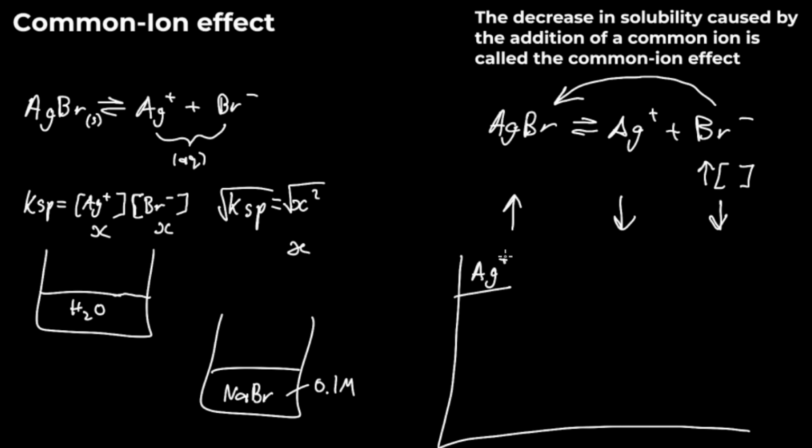And you can express that in one of these graphs as well to visualize it a bit better. So AgBr. We're increasing this, and then it goes down. Increase, go down.